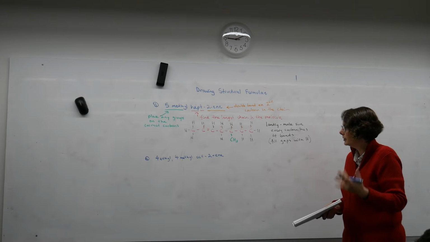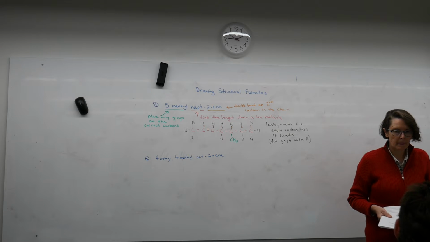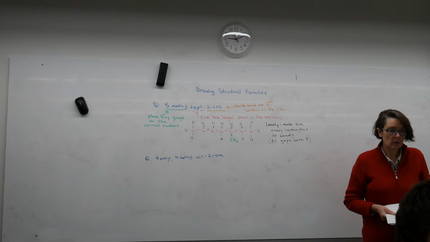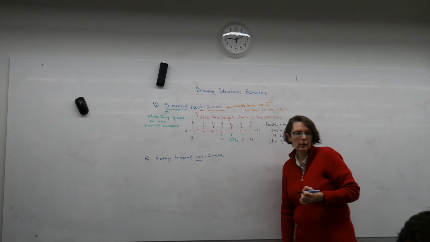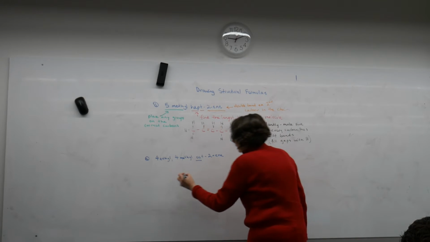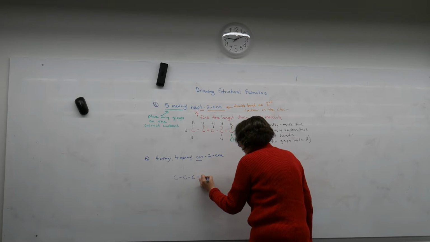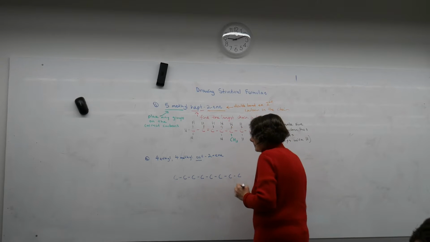So what's our first step? Longest chain, which is going to be what? The oct part. How many carbons will there be if it's oct? 8. 1, 2, 3, 4, 5, 6, 7, 8.